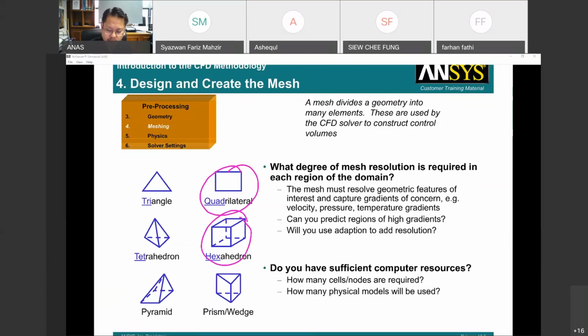For example, if we have something that involves square and triangle, to fit everything, maybe you need to choose something that resembles the shapes, tetra or maybe prism or maybe pyramid. So it depends on the problem itself. You cannot just say, oh, hexa is always the best. It's subjective. It depends on the user, what the user wants.